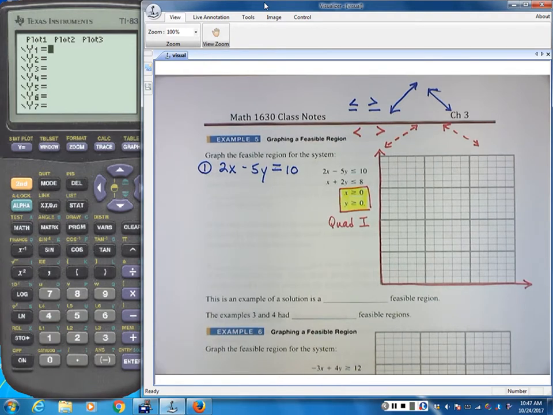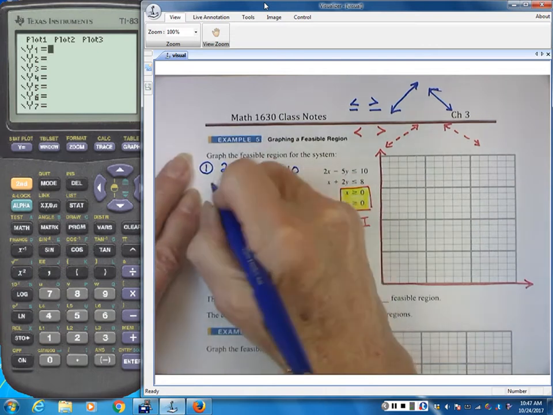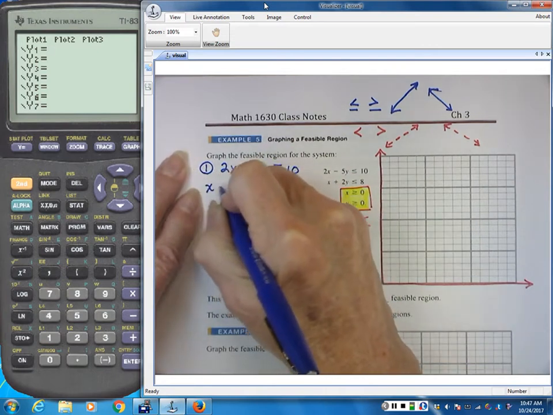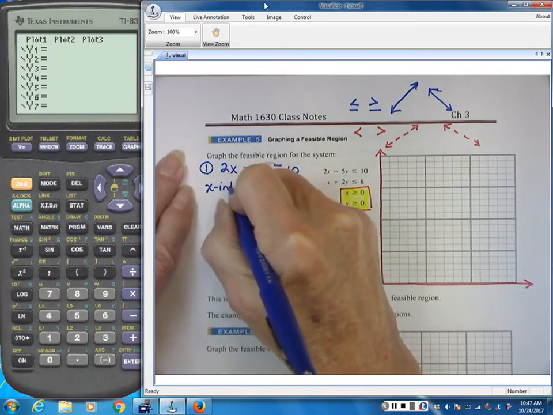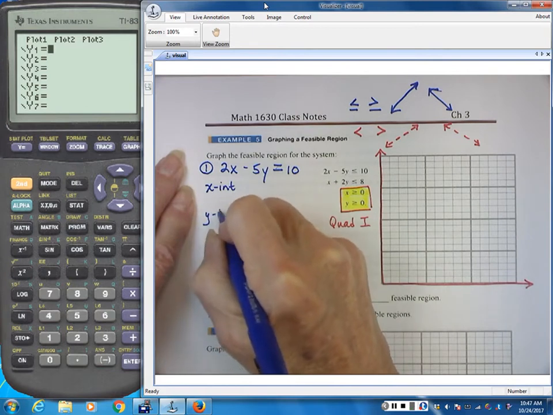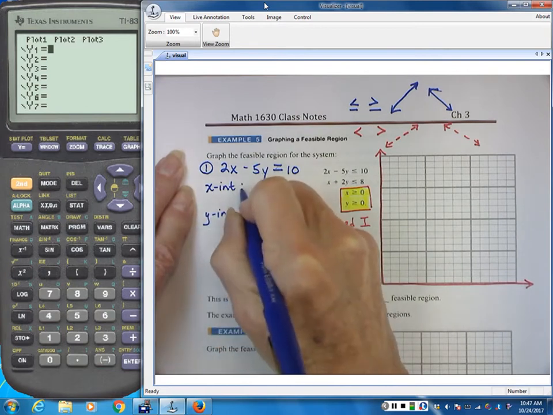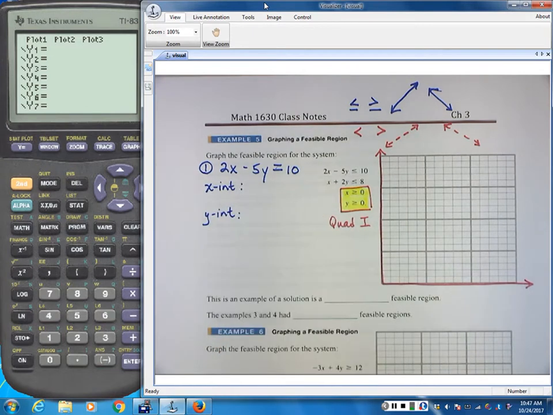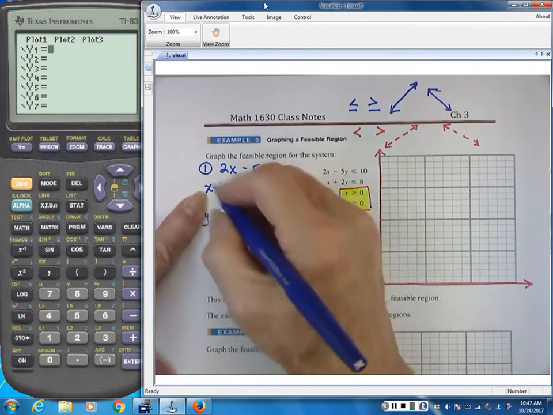So the two favorite points to plot are your x-intercept and your y-intercept. And you can get both of those by plugging in a 0 for the corresponding value. So if you want the x-intercept, that's going to be where y equals 0.